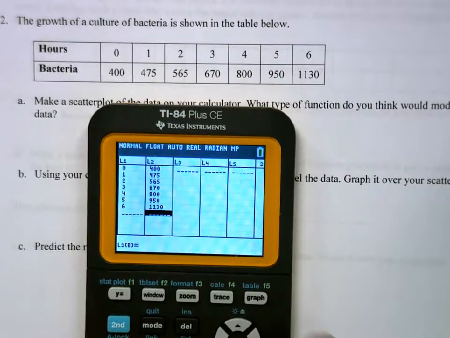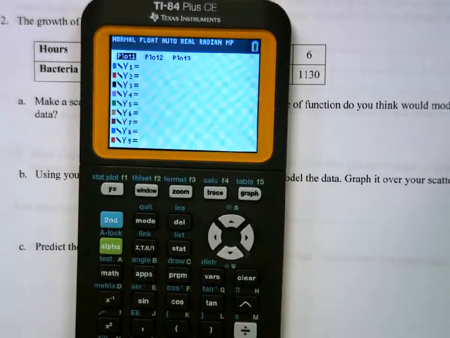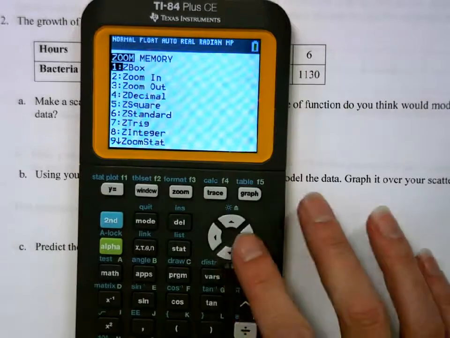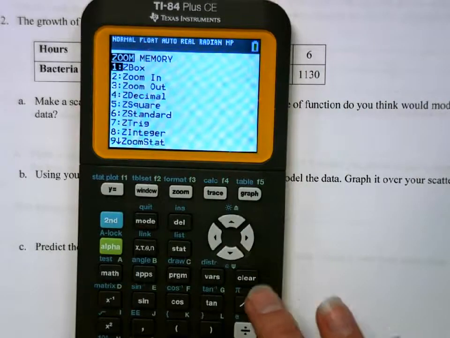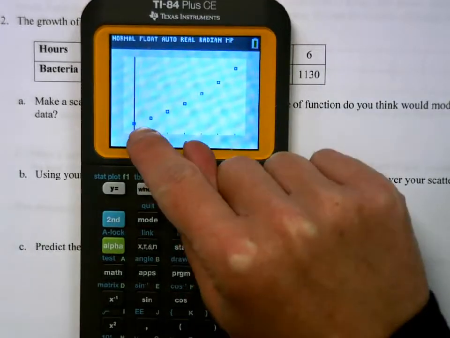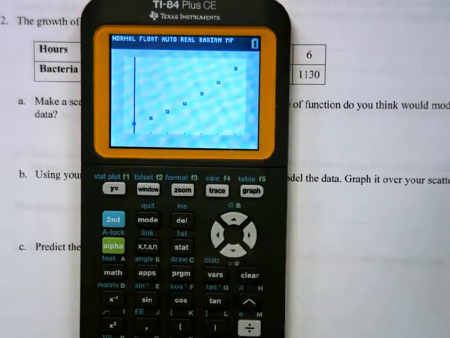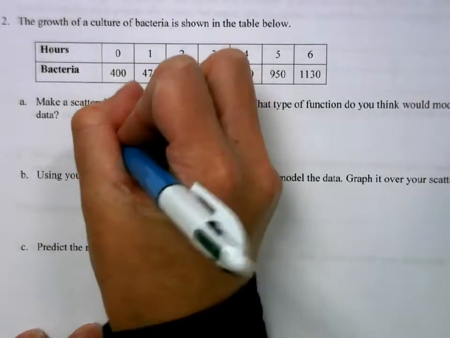All right. So now we're going to go to y equals, get rid of that regression equation. I still have my plot set up, so we don't have to redo that, but we do need to redo our window. So zoom stat gives us this. Now this one, instead of being a straight line, is kind of curving up. So we've been dealing with exponential functions, so that looks pretty exponential to me.